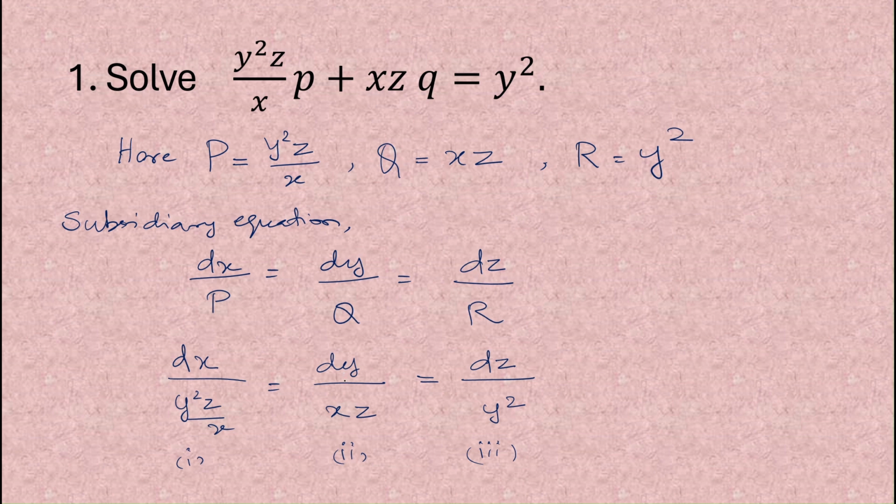There is no dz, so we have to eliminate that z. While equating ratios 1 and 2, we can easily cancel the z. So the remaining will be a function of x and y alone, which can be easily integrated with respect to x and y separately.